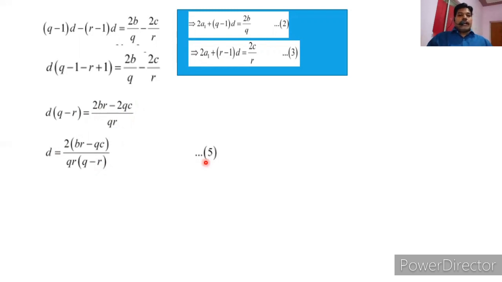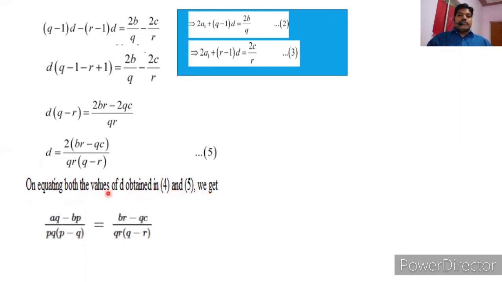So we get that equation 4 gives the d value, and equation 5 also gives the d value. Both are the same, so equate them. On equating both the values of d obtained in 4 and 5: (aq minus bp) by pq into (p minus q), the 2 will be cancelled directly, equals (br minus qc) by qr into (q minus r).